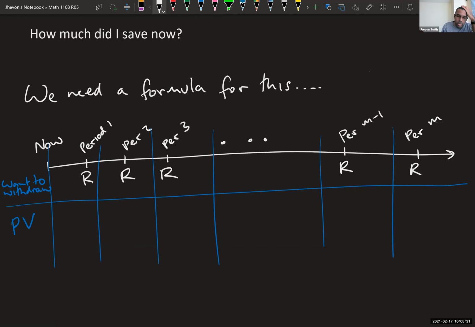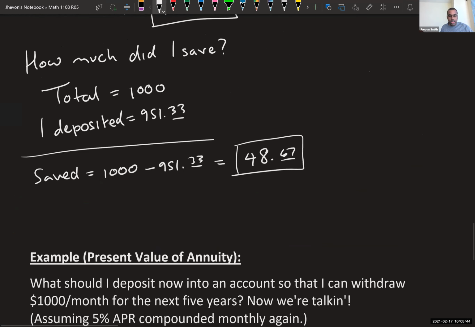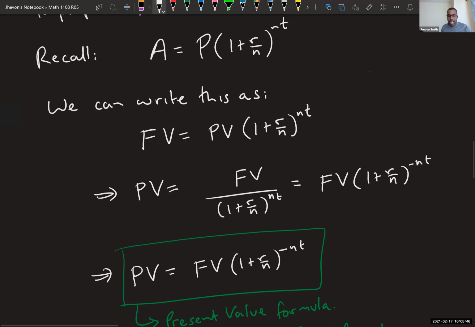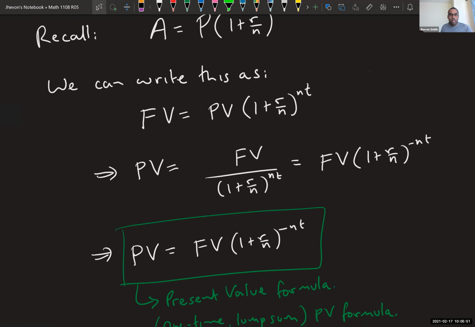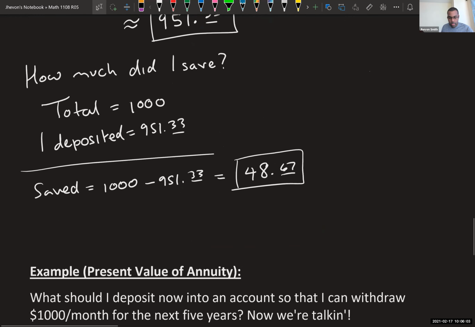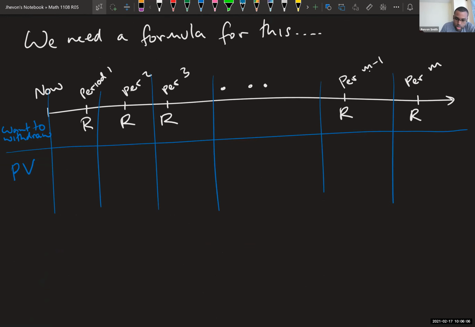How we can think of this is to say, okay, what would I have to do now to get this payment 1 month from now? Well, that's a lump sum situation. That's this formula. In 1 month, it's going to be compounded once by interest. So my N is 1, my T is 1. I can actually use that formula.